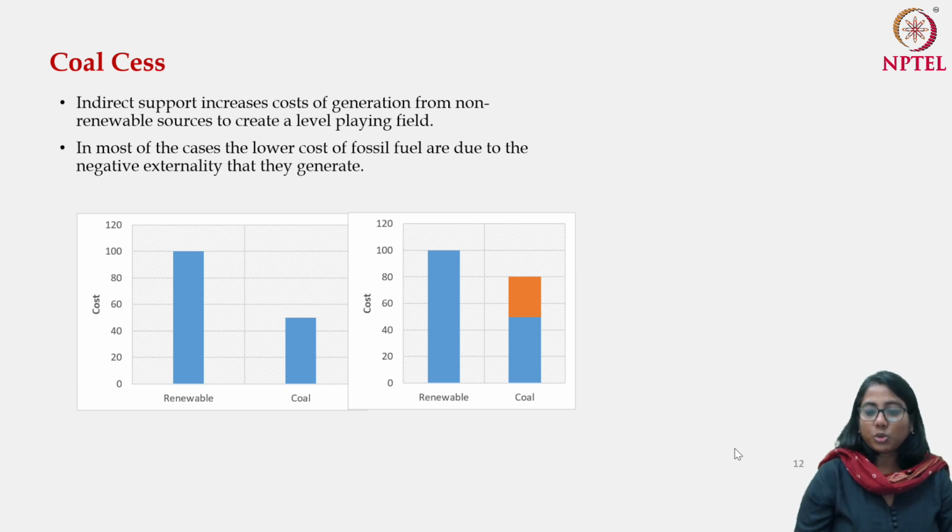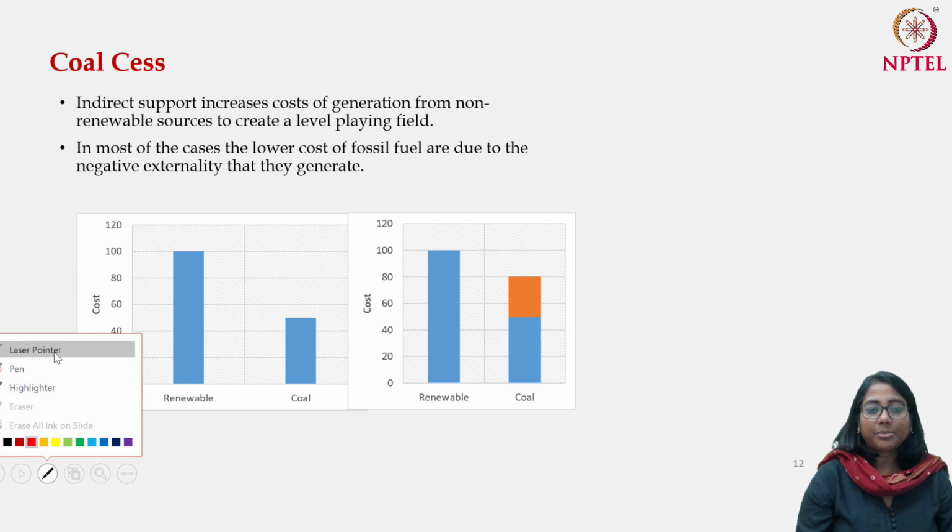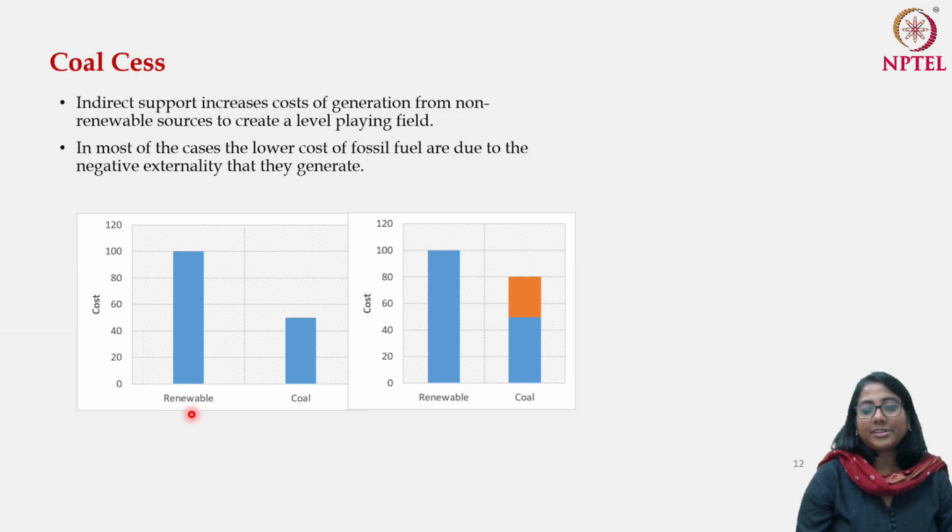This diagram shows that graphically. You see, without the coal cess, this is the cost of the renewable power being generated, and this is the cost of the coal fired power plant, and therefore the price of electricity generated from the coal fired power plant.